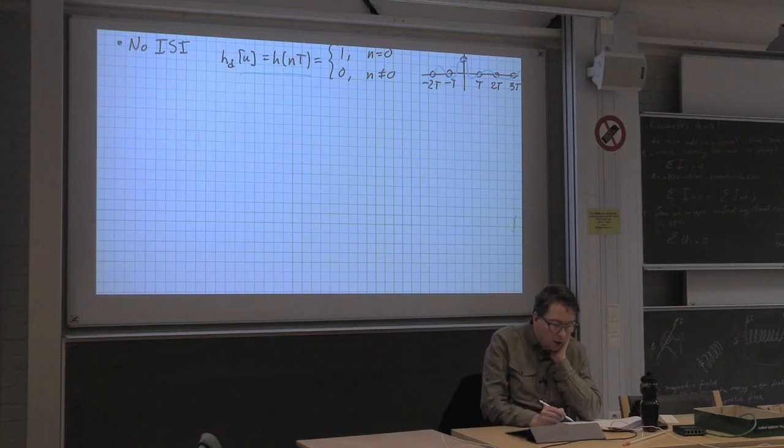So how can we figure out what this means in terms of the Fourier transform of the continuous time signal here?